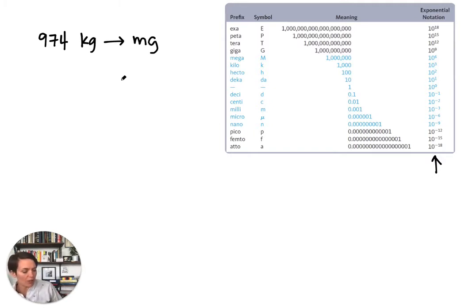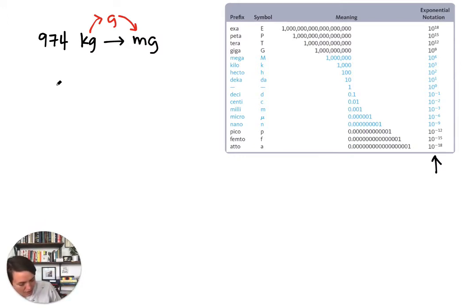So we don't have an exponential notation or a mechanism in our chart of converting directly from kilograms to milligrams. So what we want to do instead is think about building a little bypass where we're going to convert from kilograms to grams and grams to milligrams. And as we do this, you're going to see why that picket fence structure is a little bit more convenient than using parentheses.